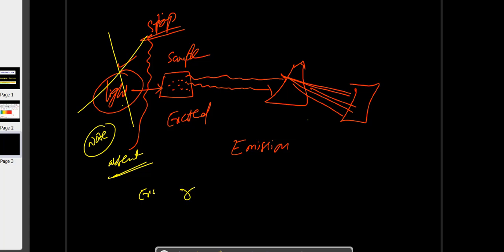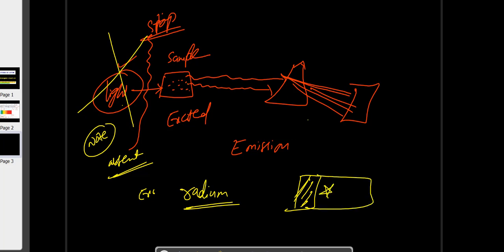Example, radium. On a radium sticker, generally you can see radium stars and moon, and some other different shapes.